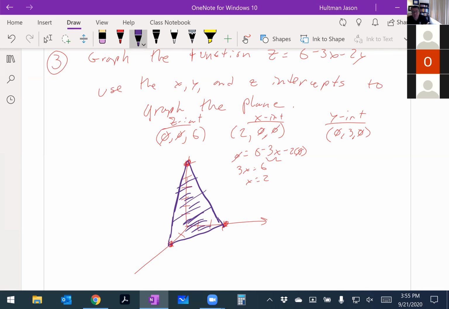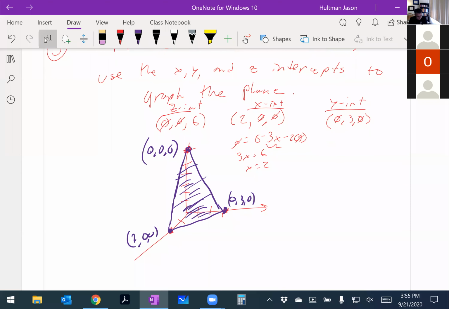Okay, and that's my plane. Make sense? And you could label your points if you really wanted to: 0, 0, 6 and 2, 0, 0 and 0, 3, 0. So pretty easy.